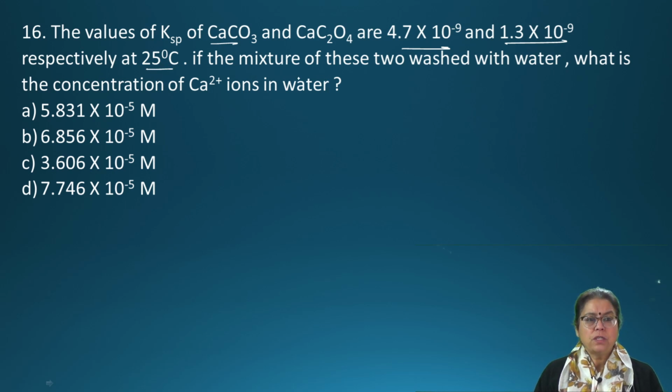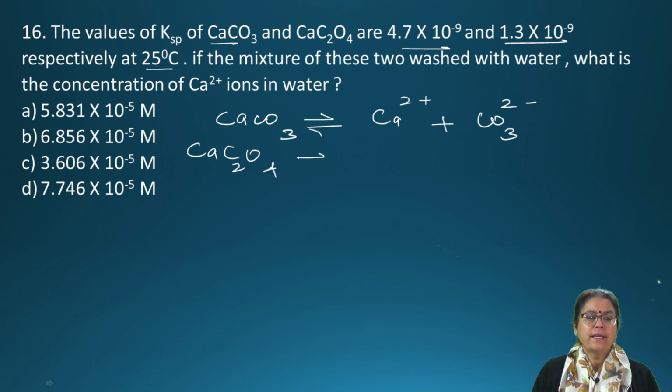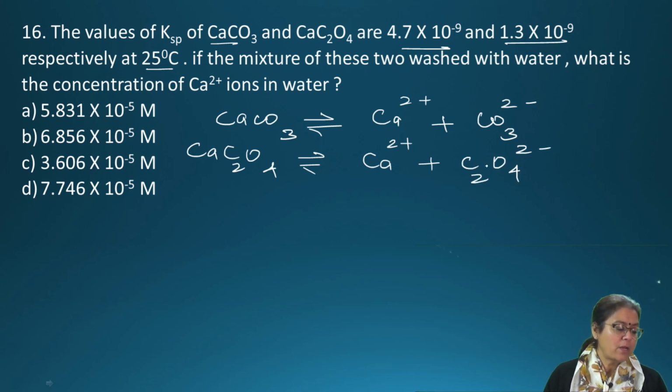If the mixture of these two is washed with water, what is the concentration of Ca2 positive ions in water? तो अब देखें दोनों किस तरह से डिसोसिएट हो रहे हैं. कैल्शियम कार्बोनेट को आप डिसोसिएट करोगे तो Ca2 पॉजिटिव प्लस CO3 2 नेगेटिव. कैल्शियम ऑक्सलेट को अगर हम डिसोसिएट करेंगे तो Ca2 पॉजिटिव प्लस C2O4 2 नेगेटिव. ठीक है, ये हमारे पास इक्वेशन आ गई.